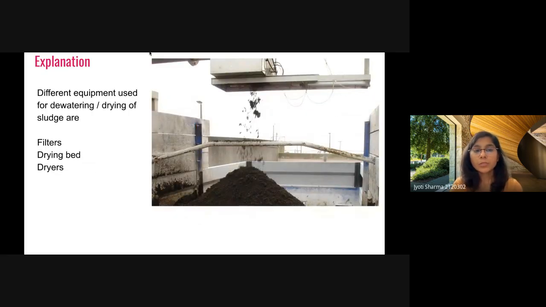Okay, so we already have covered thickening, but right now it is time to discuss dewatering. After dewatering, we will have either a solid form of the sludge or semi-solid. For that, we can use some filters. We can have drying beds, and we can also use dryers.